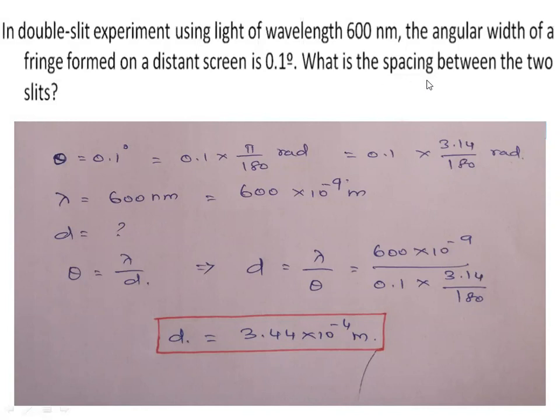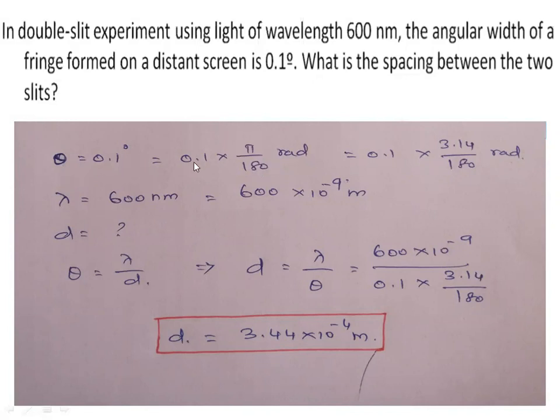What is the spacing between the two slits? They are asking for the small d value, the spacing between the two slits. So this is theta. We want to convert this into radian value.